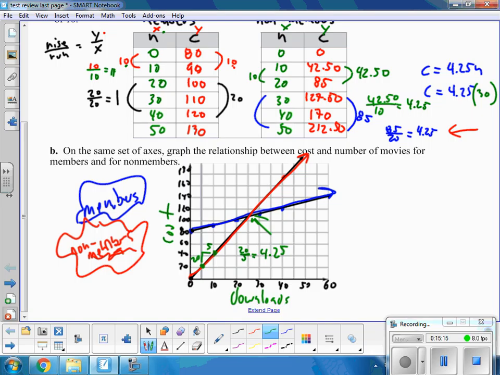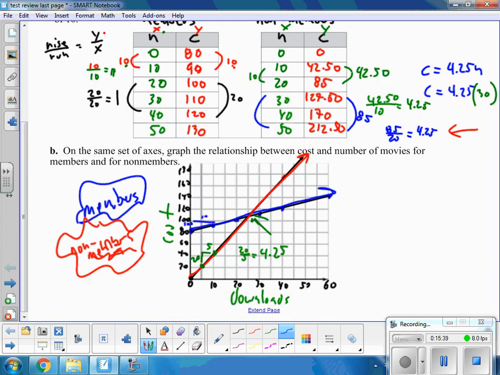For my $80 one up here, my blue, my members, we're going to find a point that we know. All right, let's look for this one. At 0, 80, we know there's a point, and we know at 10, 90 there's a point. So it rises from 80 to 90, it rises 10, and it runs 10.